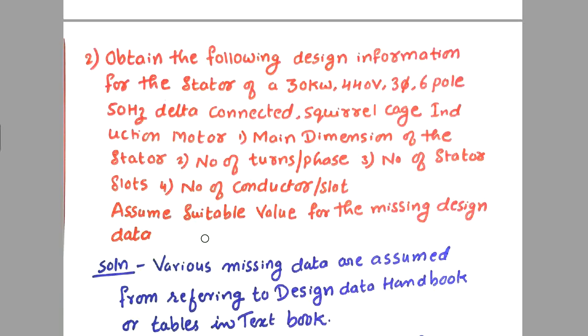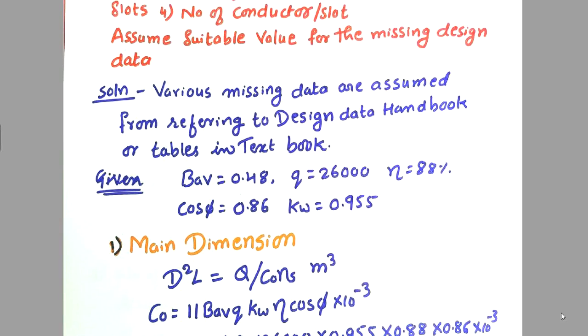This missing data will be available either in the handbook of electrical machine design or in the textbook we have given. Once the classes start, I will show you this handbook.